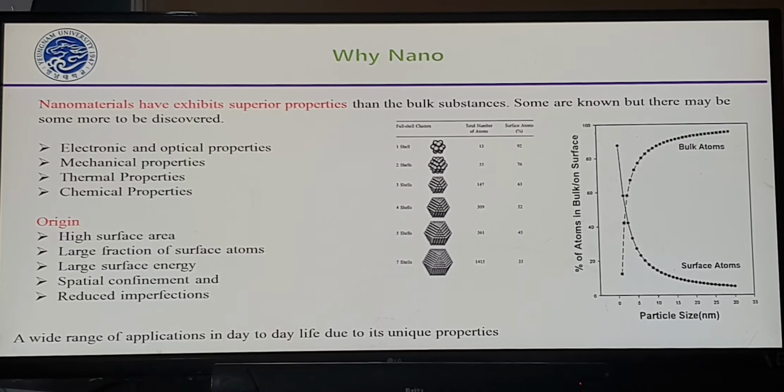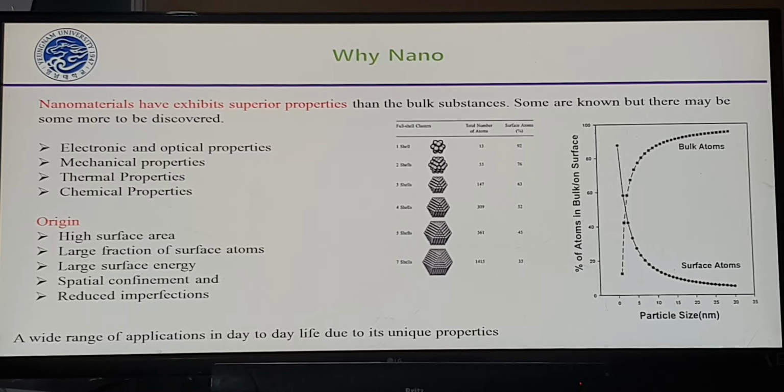Some are known, but there may be some more to be discovered. Actually, when a material comes from bulk to nanoscale, you can find a drastic change in its properties. Almost every property changes while it comes from bulk to nano.